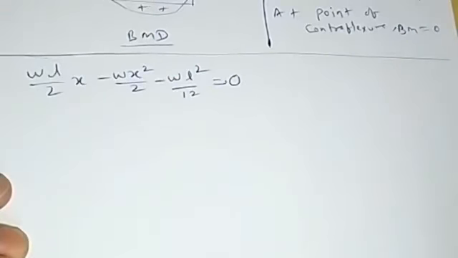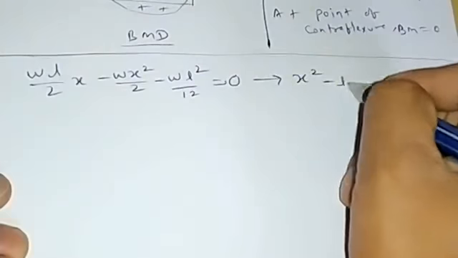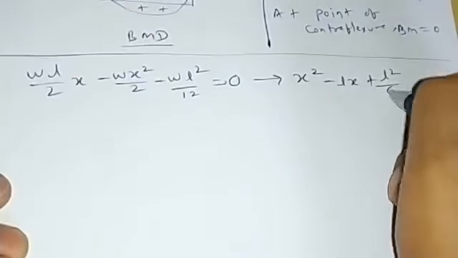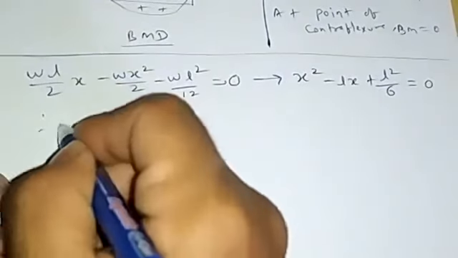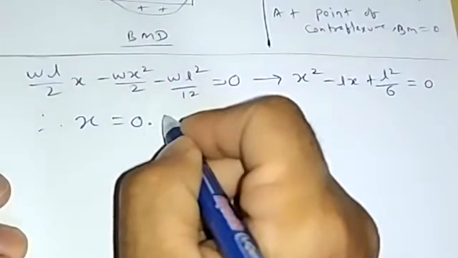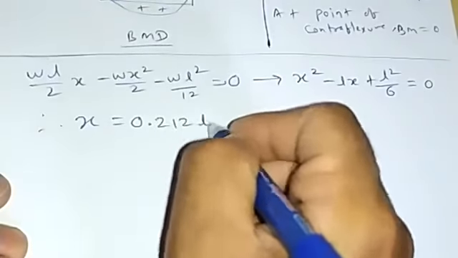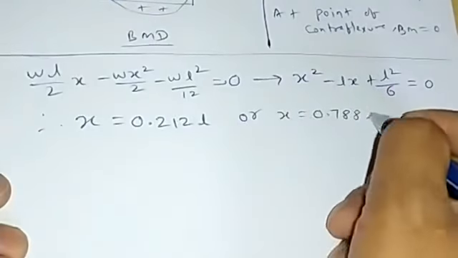And if we solve this, it becomes x square minus Lx plus L square by 6 equal to 0. And therefore, finally, we'll get x equal to 0.212 L, or x equal to 0.788 L.